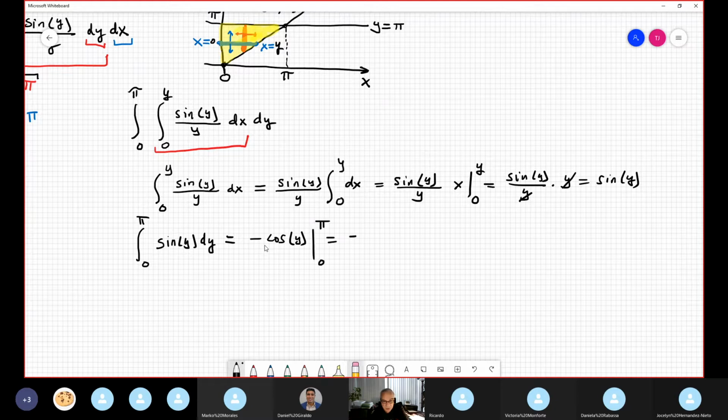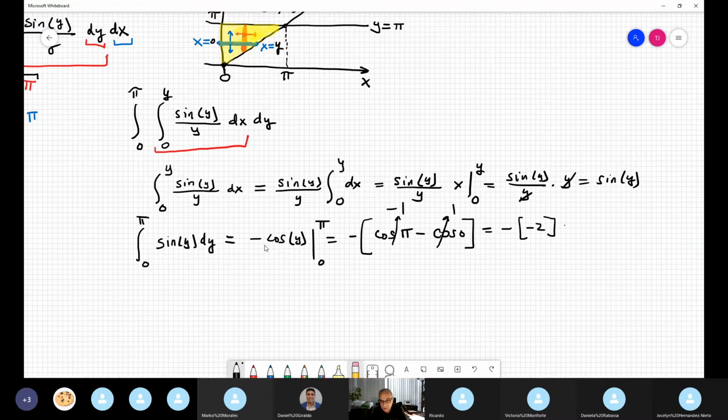This minus stays outside, and you evaluate cosine pi minus cosine 0. Cosine pi, I remember, is -1. Cosine 0 is 1, but we have a minus in front, so -1 and -1 together is -2. And -2 with the negative is +2. And this is my final answer.